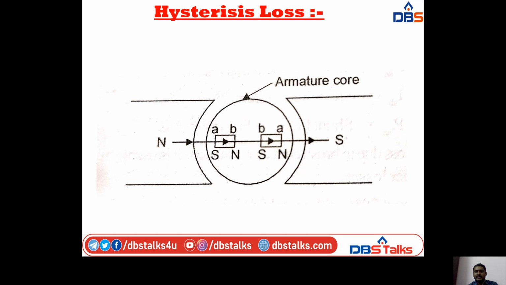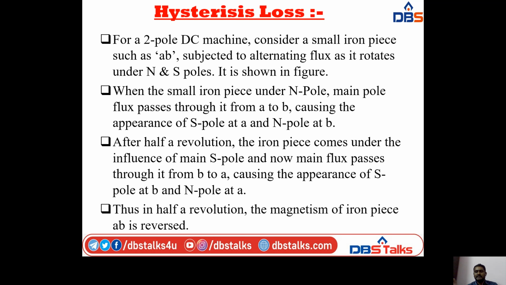Here I am taking a two pole DC machine with a small iron piece such as AB. It is subjected to alternating flux as it rotates under north and south poles, as shown in the figure. That horizontal line is a flux line.